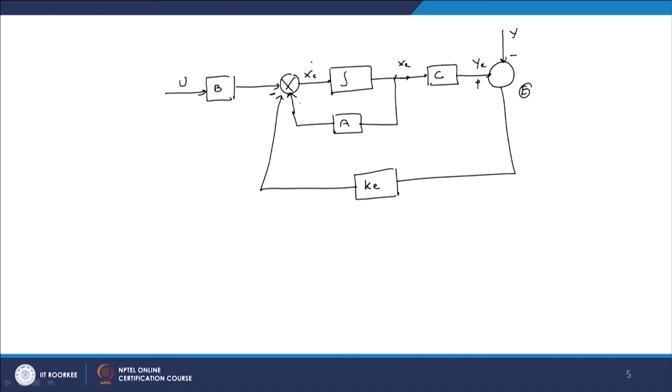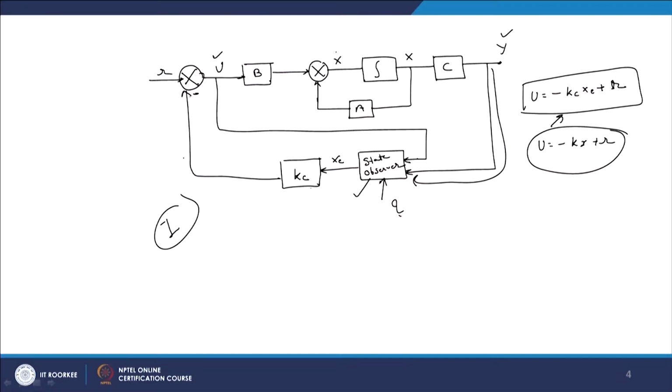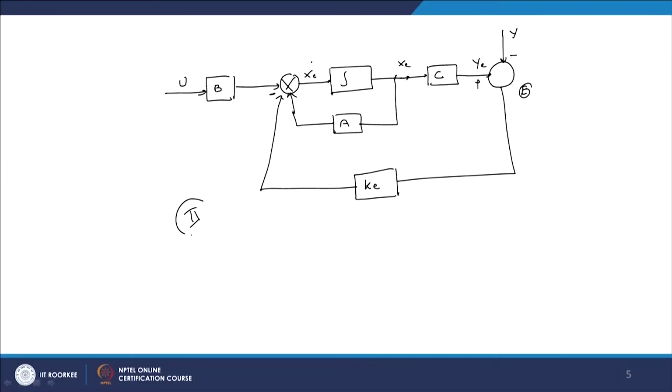Now, this is the block diagram of the system with state observer. The state observer we have drawn independently. Now what we will do is combine both figures, this block diagram and this block diagram, and let us see in what way we will get the final structure.